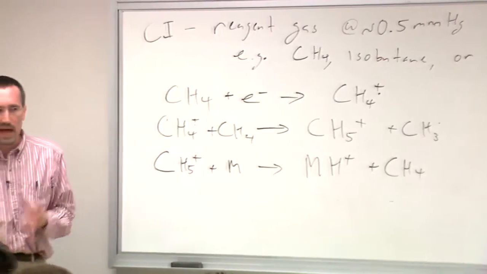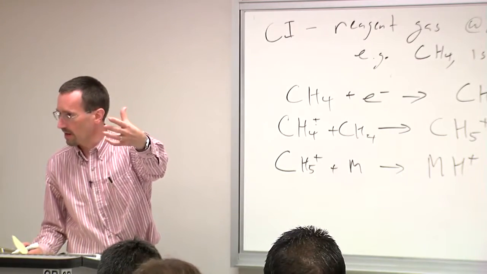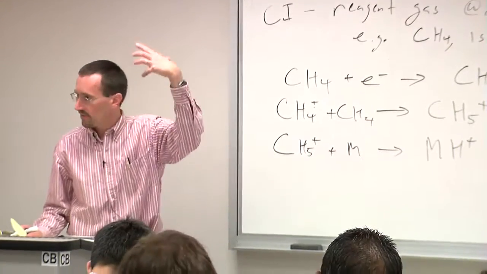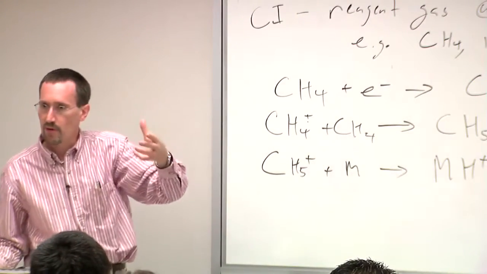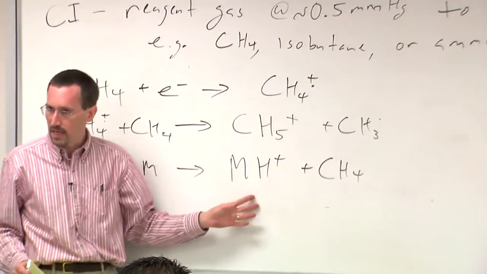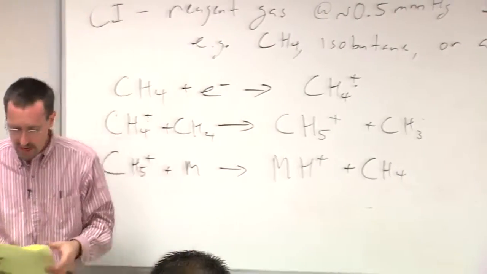If the molecule has a lone pair of electrons, you protonate the lone pair of electrons. If you have an ether, you protonate the ether. If you have an alcohol, you protonate the OH group to give you a protonated alcohol. If all you have in the molecule is an alkene, you protonate the alkene to give you a carbocation.